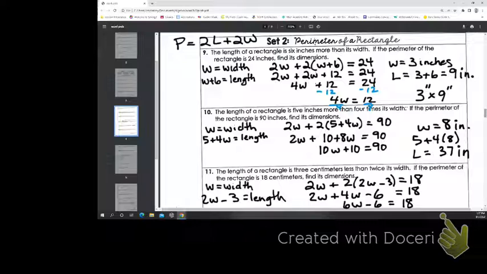Then a two-step equation. So to get rid of the minus 6, we know we'll have to add 6. And then divide.